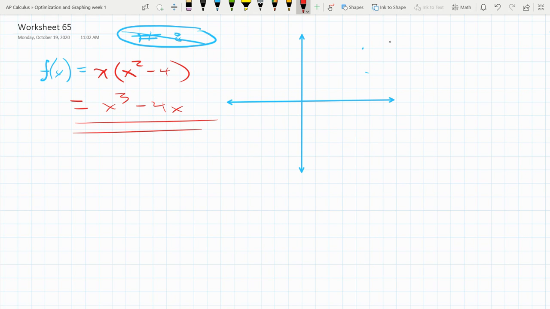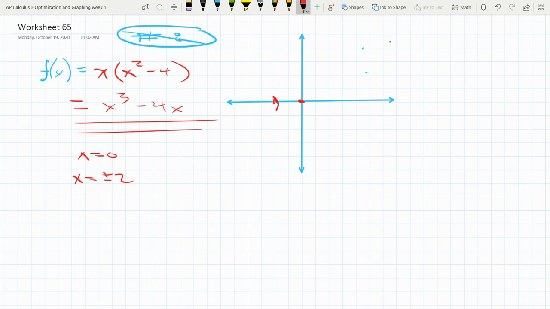There's a reason I chose that one. So if we take this, we know that we have an x-intercept at 0. We also know we have an x-intercept at plus or minus 2. So if we graph this on our calculator, we're going to get an x-intercept here, and we're going to go over to 2.